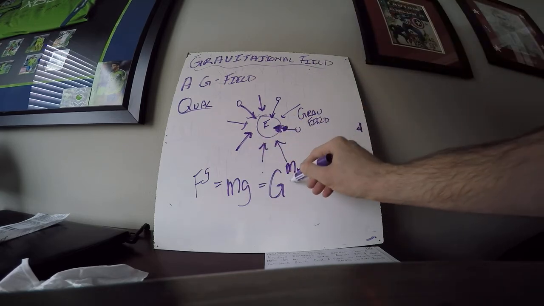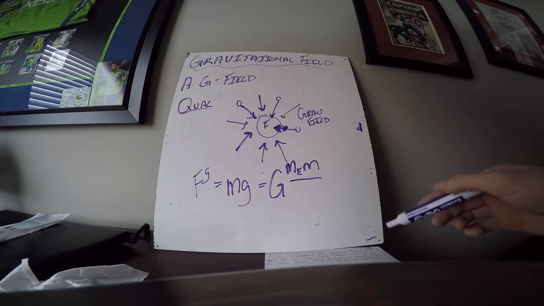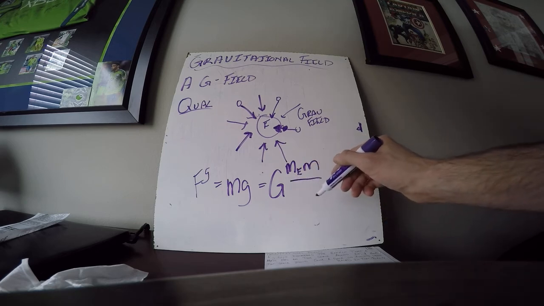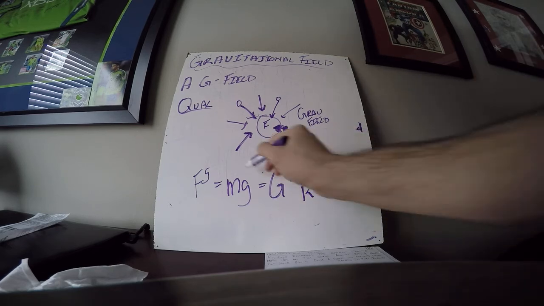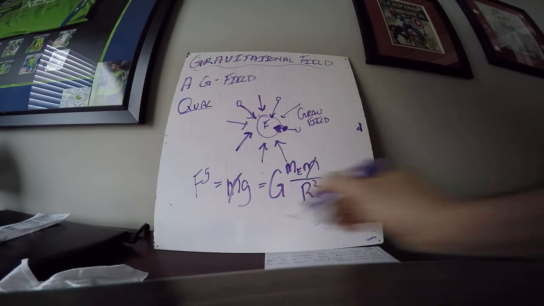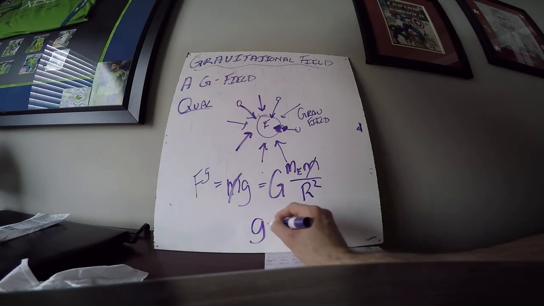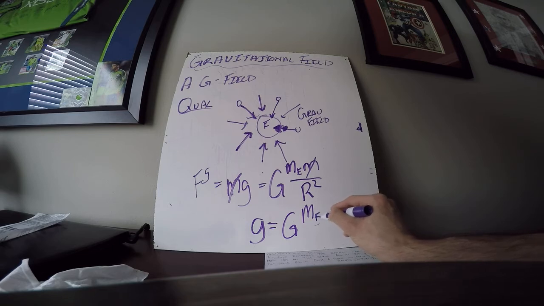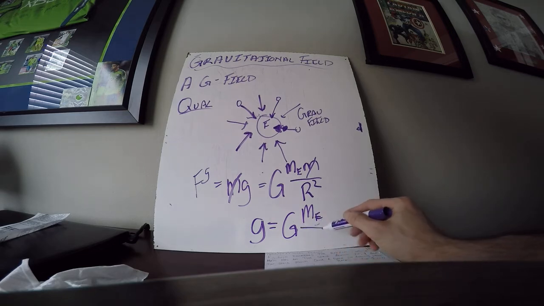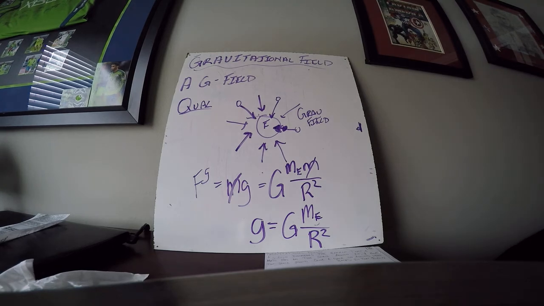This is the mass of the Earth over our radius squared. That's the equation we had before. The thing that cancels is the little m's. So our G field is equal to G times m of the main source of gravity over r squared. That is your gravitational force. Sorry, gravitational field.